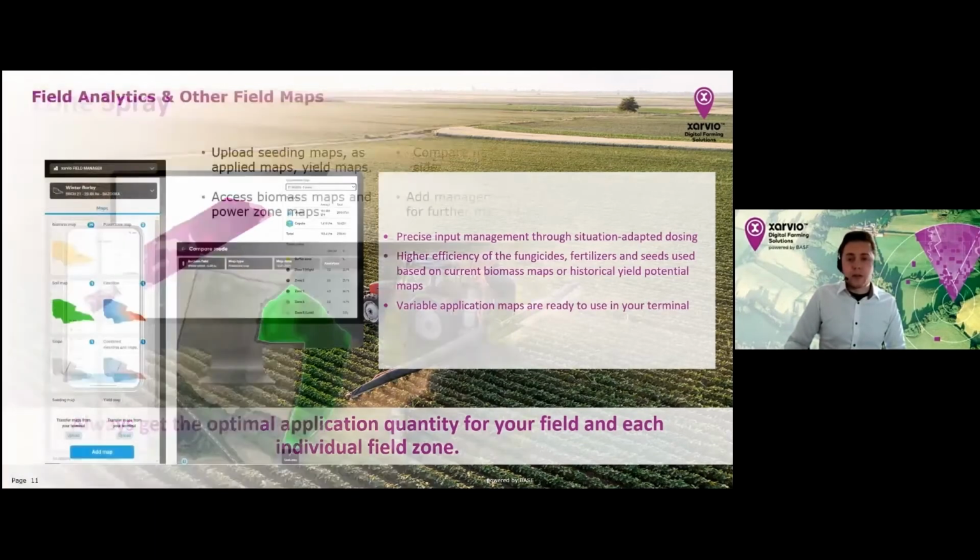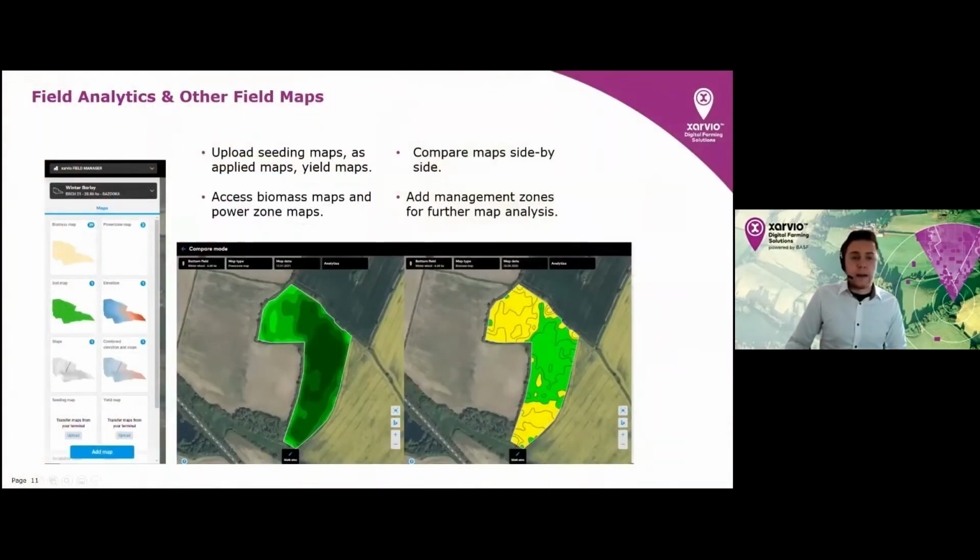So moving on to the next slide, I wanted to share with you another functionality within Field Manager that allows you to explore your field information and field maps in more detail, so you know exactly what's going on in the different areas of your crop. And this can then allow you to make the best decisions for your crop. So within the Analytics tab on Field Manager, you can upload your variable seeding maps from your drill, and you can also upload your yield maps from your combine.